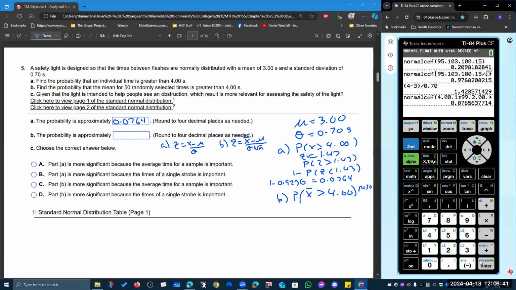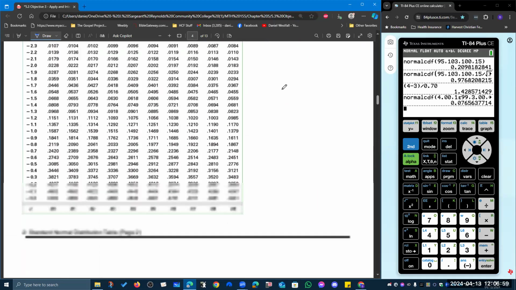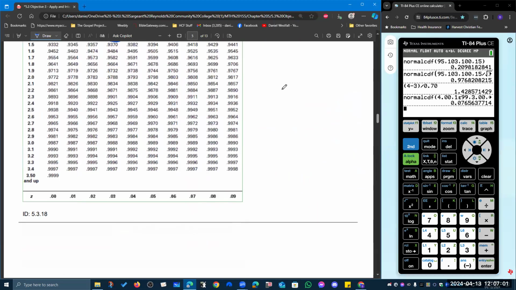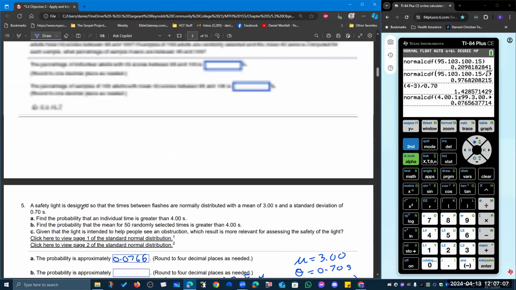I'm going to paste that, and you see that when they rounded to 4 decimal places, they got 0.0764. So I'm going to tell you that with this problem that is based off of 5.3.18, when you get that problem in my labs, just go ahead and use technology.